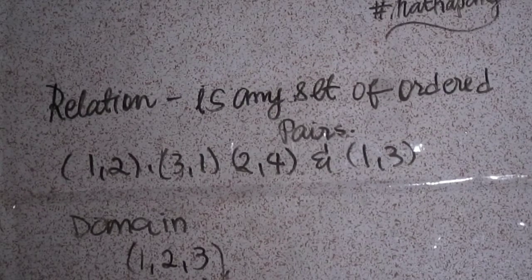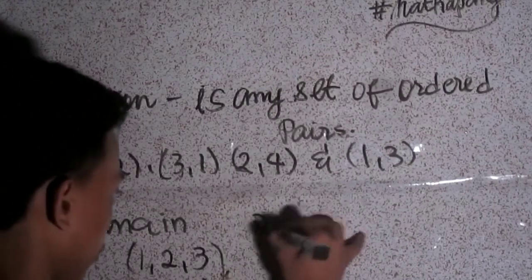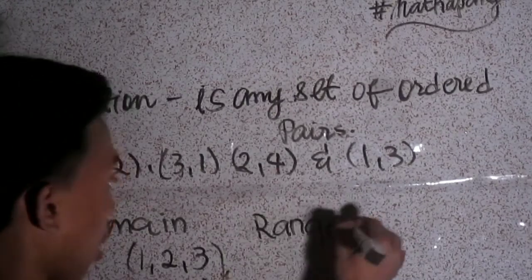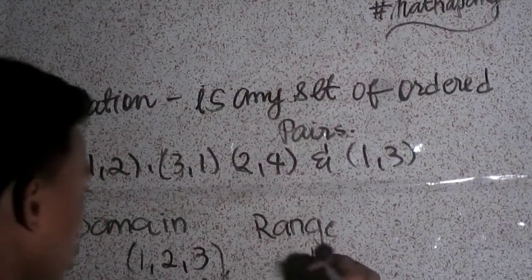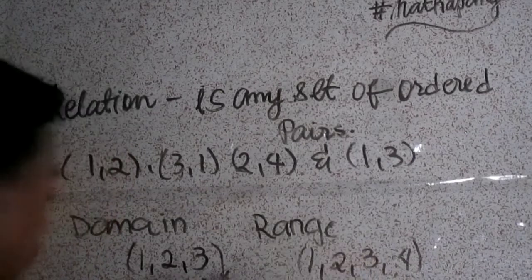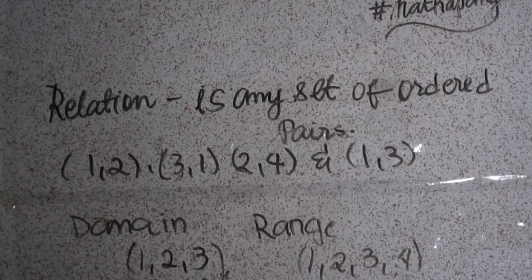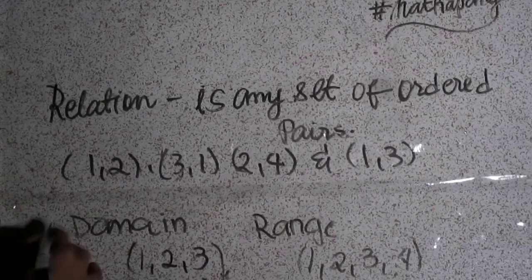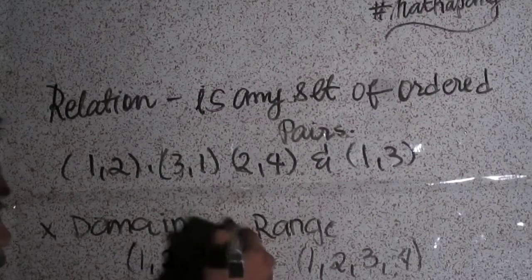Then the range of this is 1, 2, 3, and 4. So we now have the domain and range. Domain represents x and range represents y.